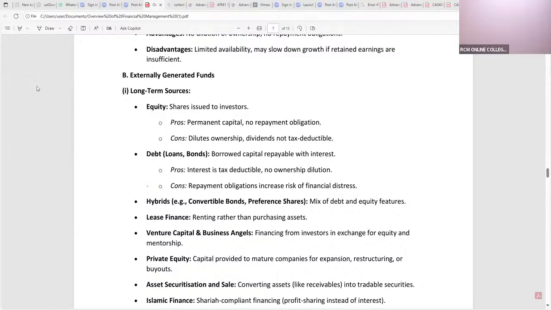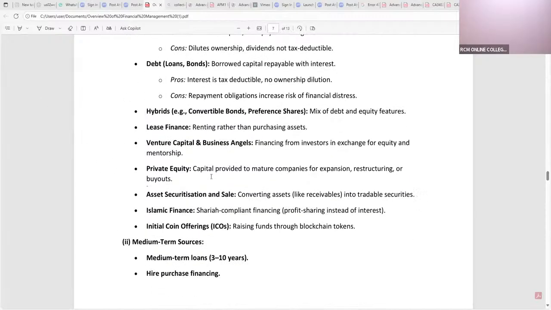Then we have asset securitization and the sale, converting assets like receivables into tradable securities. Ladies and gentlemen, remember asset securitization, all right? You must have heard of asset securitization in the name of what here? Dr. Ruto's government.